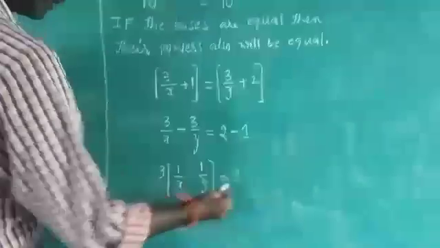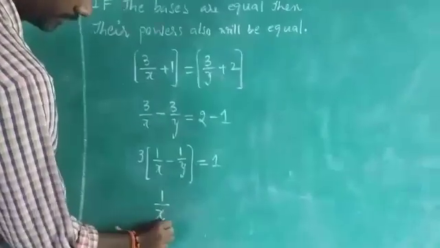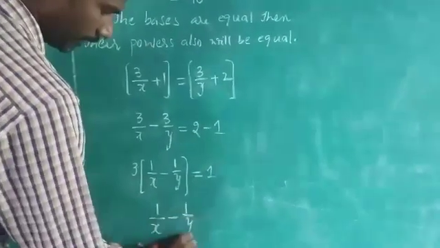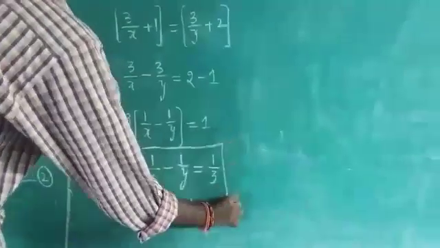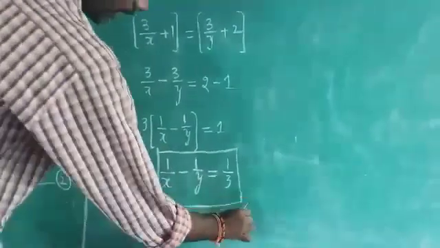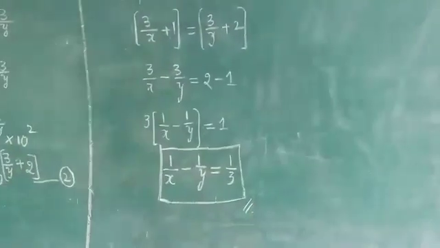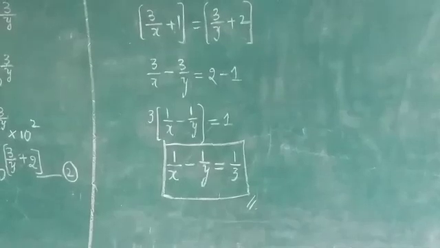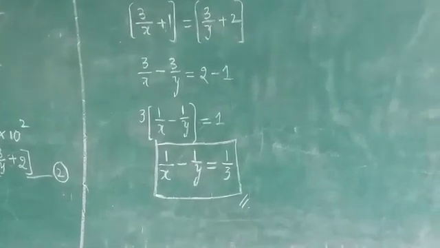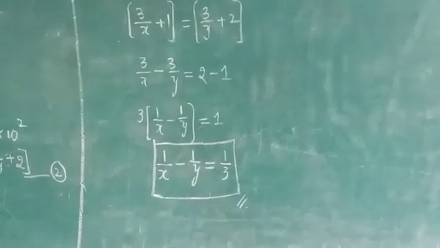Then this 3 you are transposing to there, so 1 by x minus 1 by y is equal to 1 by 3. So this will be our answer.